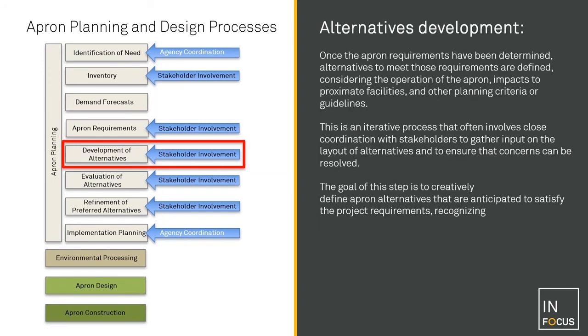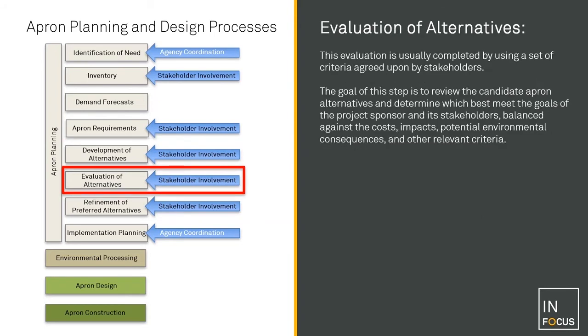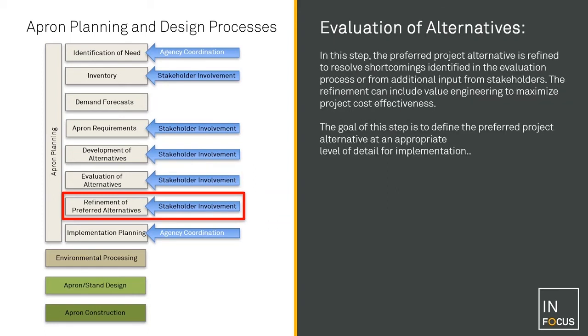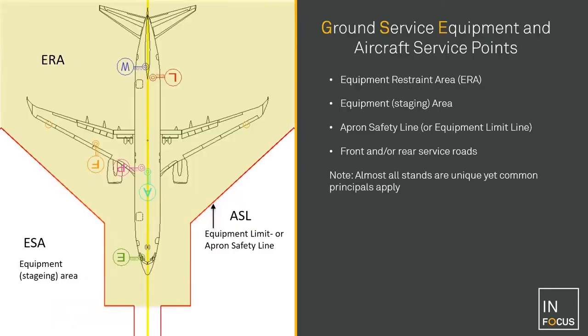My old rule of thumb was always here to create 5 different alternatives from any one particular project, and from those 5 develop, after quite an extensive evaluation process, always involving stakeholders, to filter out one which is going to give the optimum results at the stand with all of the necessary equipment. And then that chosen one gets refined, and then we finally go into the apron stand design, including a functional ground service equipment concept.